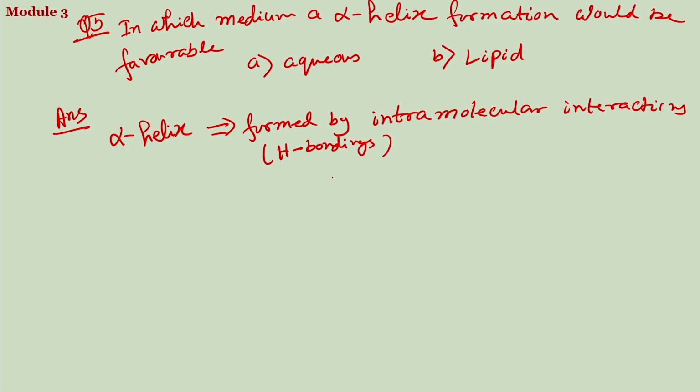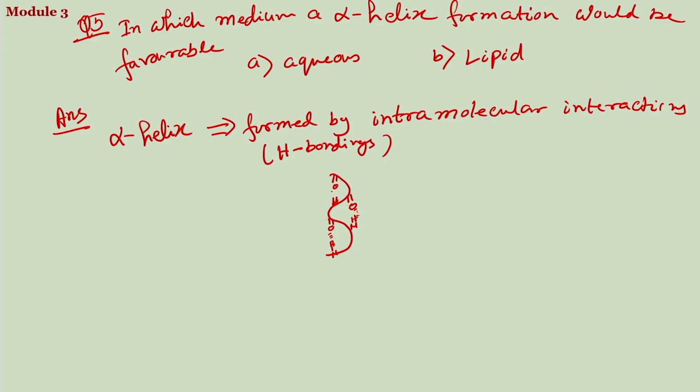And intramolecular hydrogen bondings basically means the bond between the backbone carbonyl and the backbone NH. This is the hydrogen bonding, or there can be like this.